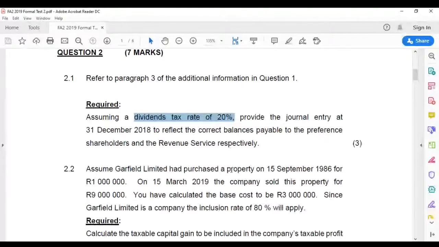In our country, that will be the South African Revenue Service. So we're going to credit an account called current tax payable, and then we're going to distinguish that from, let's say, employees tax or income tax by calling it dividends tax. So current tax payable, that part indicates it's a liability, and then colon, dividends tax indicates which type of tax we are talking about.